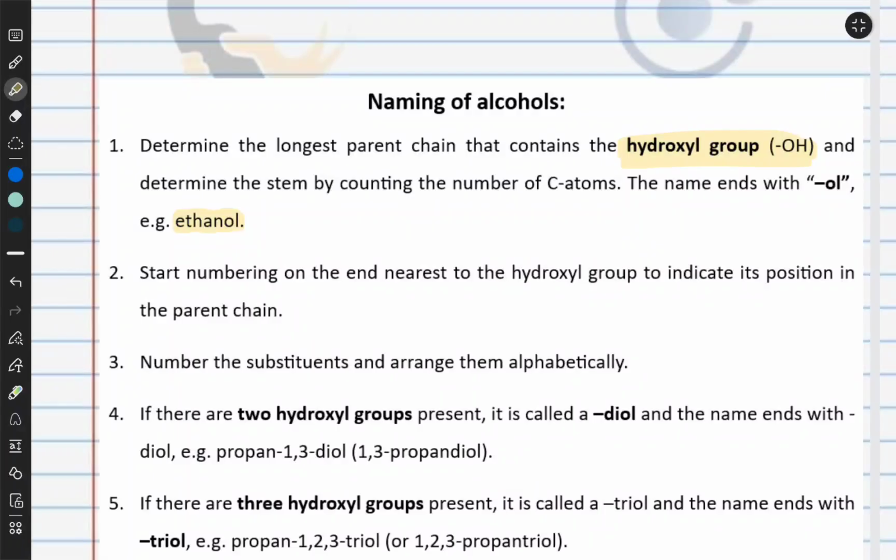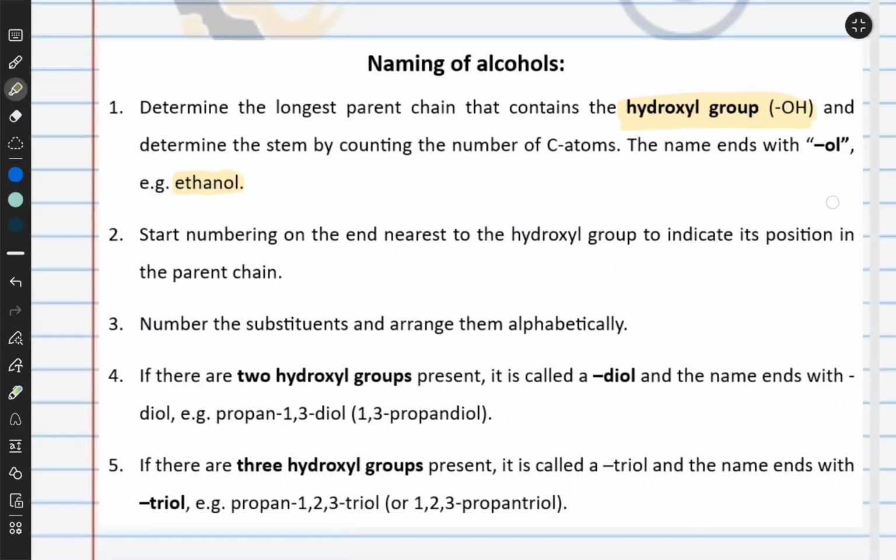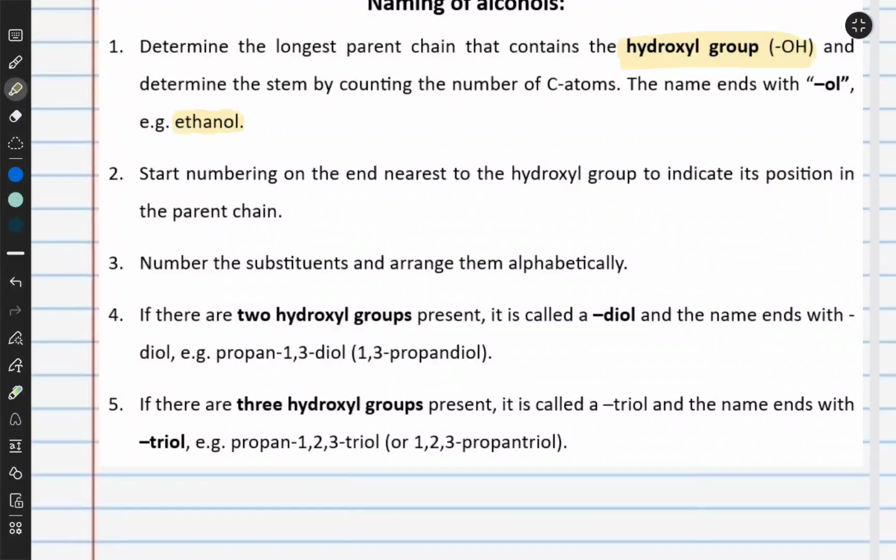So in this case, it will be nearest to the hydroxyl group. And then we number the substituents as well, and arrange them alphabetically. By substituents, we're talking about whether there is an alkyl group present, or a halogen atom present, and this also includes the hydroxyl group itself. It's also a substituent, right? Because it's in a place where normally hydrogen would sit.